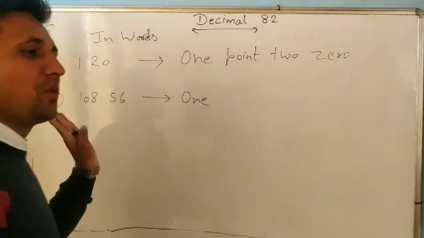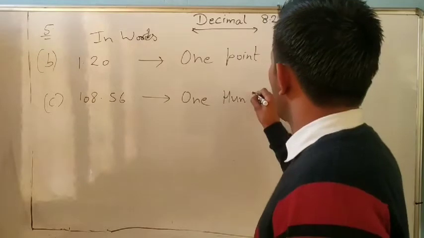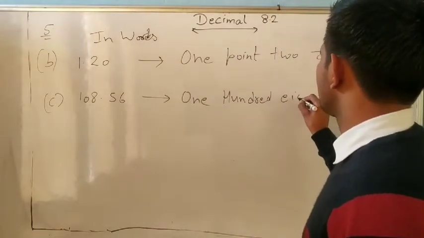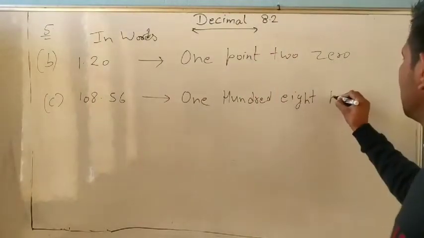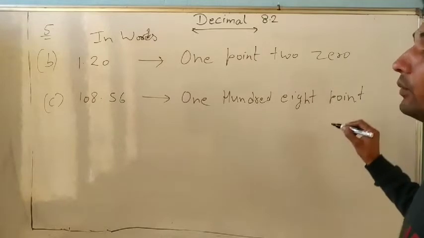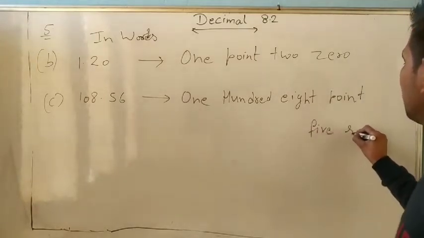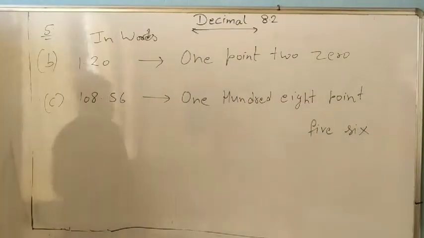Before the decimal we always read like a number, so one hundred eight, 108 point. Now we will not write fifty-six, we will write five six. Understand it? It is your answer. So do the rest of the parts also yourself.